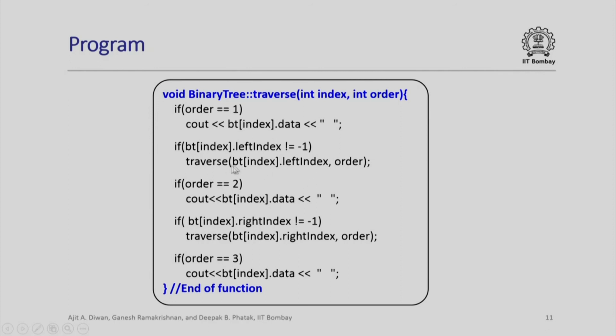So, you can see that I am calling this traversal again depending upon whether the left index is -1 or not. Same thing for the right index: if it is not -1, we will traverse it repeatedly. And these traversals are entirely dependent upon the order stated. If order is 1, 2 or 3, I output bt[index].data at the appropriate point.